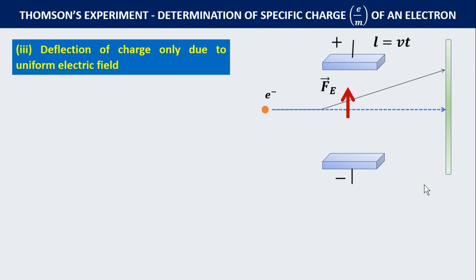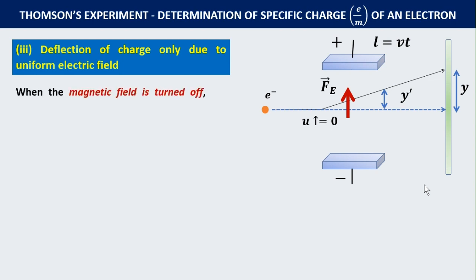Right. The electric force Fe is in the upward direction. Now at the end of the plate, the upward displacement is y prime, and on the screen the upward displacement is y. The initial upward velocity is 0. This information we will be using in our derivation.